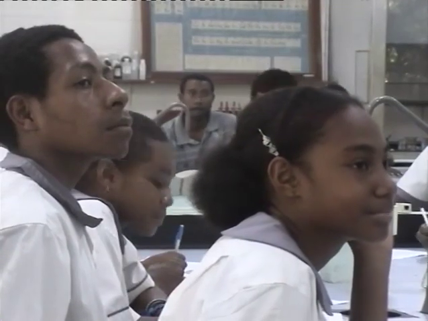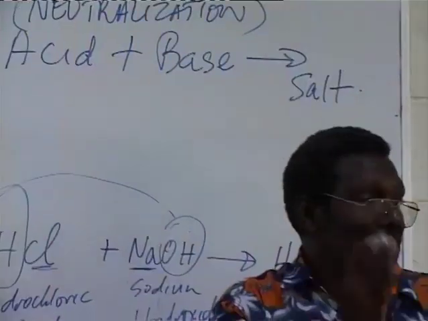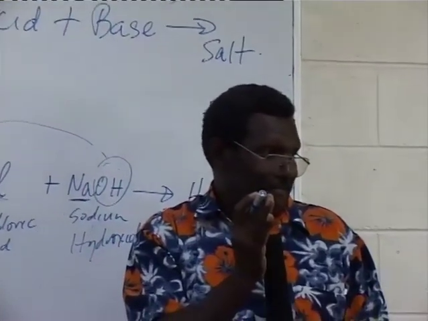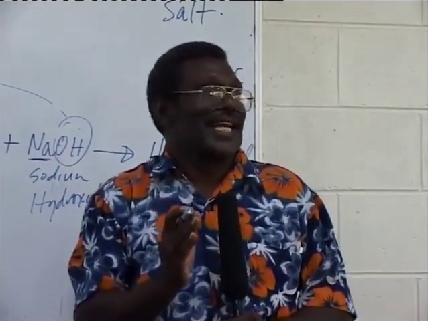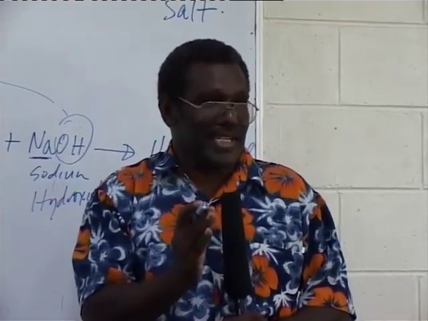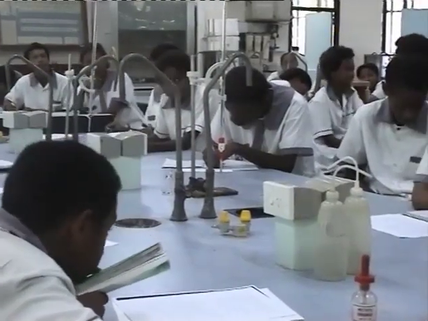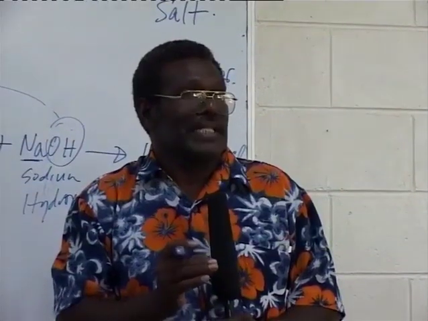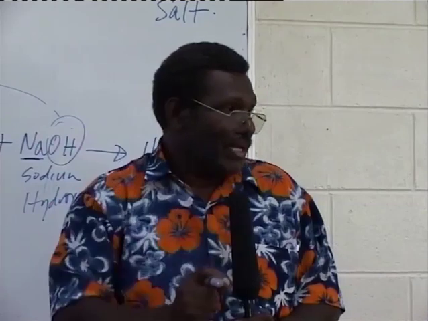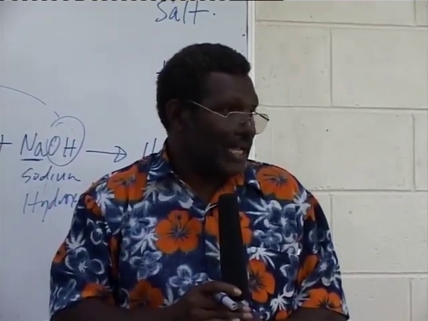What I'd like you to do as we finish up this demonstration is for you to actually do a neutralization reaction right there on the bench. So I'll give you the instruction and you are going to do a neutralization reaction. All right? When you have written down what you need to write down, then please get yourself around the burette that has been set up.